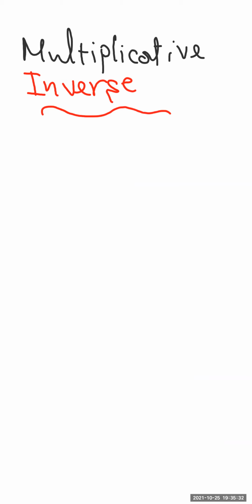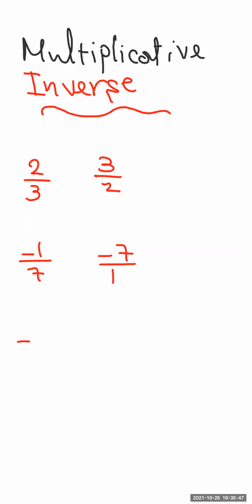What do I mean by that? I mean that if the number is 2 over 3, the multiplicative inverse will be 3 over 2. If it's negative 1 over 7, it will be negative 7 over 1. If it's negative 3 over 2, it will be negative 2 over 3.